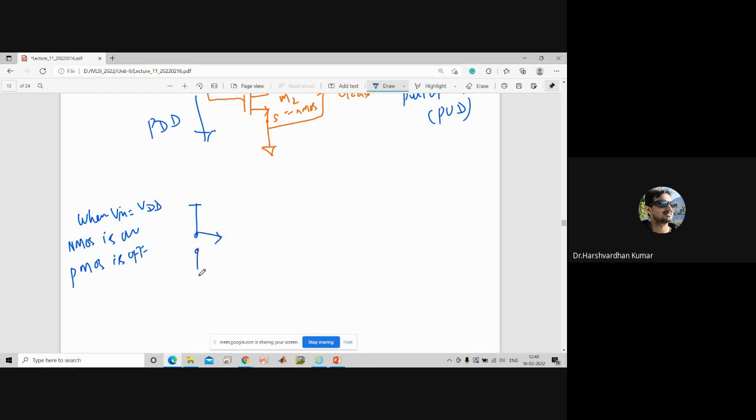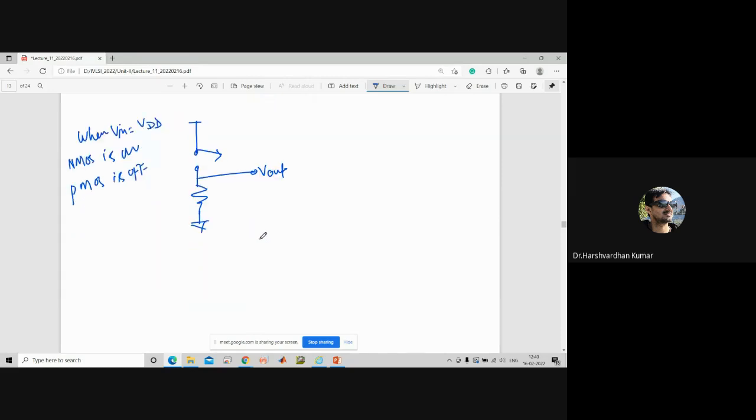So if you draw the switch model, we are not going to consider the capacitive load here. Let us say this is load free. So here, V out. Now we have to check which path the output will follow. It will go upward or downward. Or let us say, no problem, capacitive load. Then you can understand.